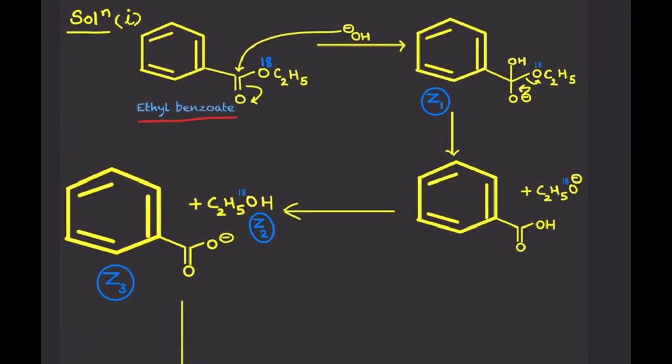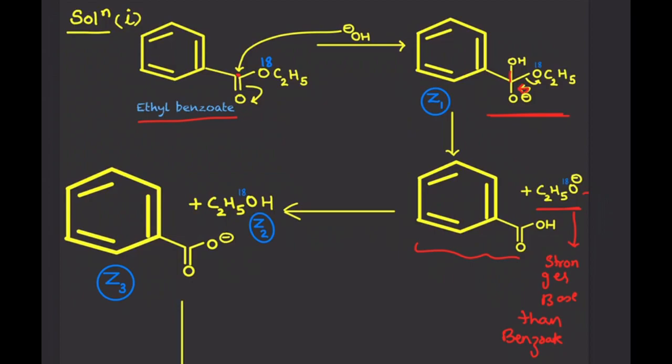Ethyl benzoate is given in the question. The base is attacking, so directly on this carbonyl it attacks. OH minus is attacking and the anionic intermediate formed is like this. But the carbonyl bond energy being very high, when this bond reverts, C2H5O minus is lost. This C2H5O minus is a stronger base than benzoate.